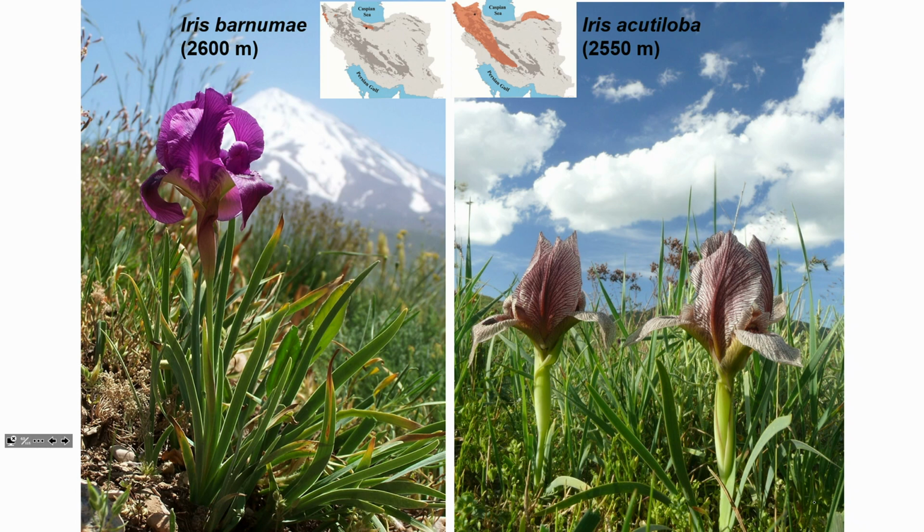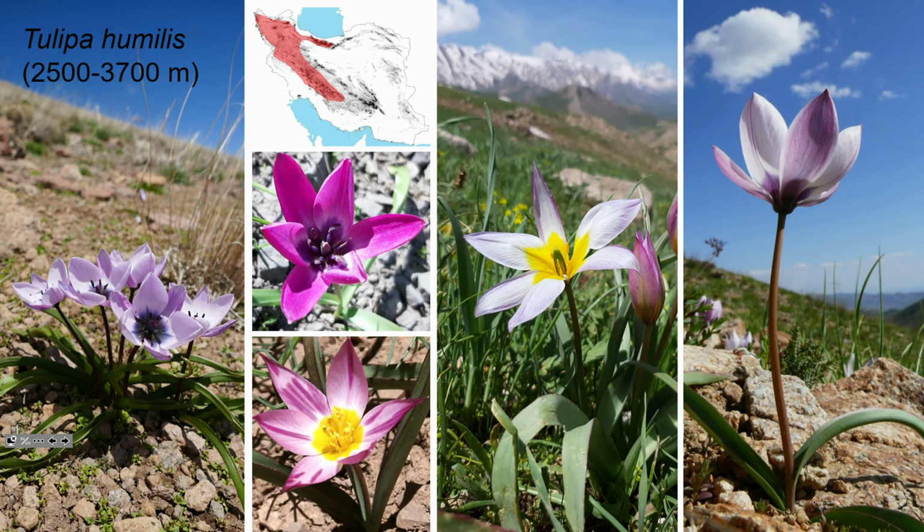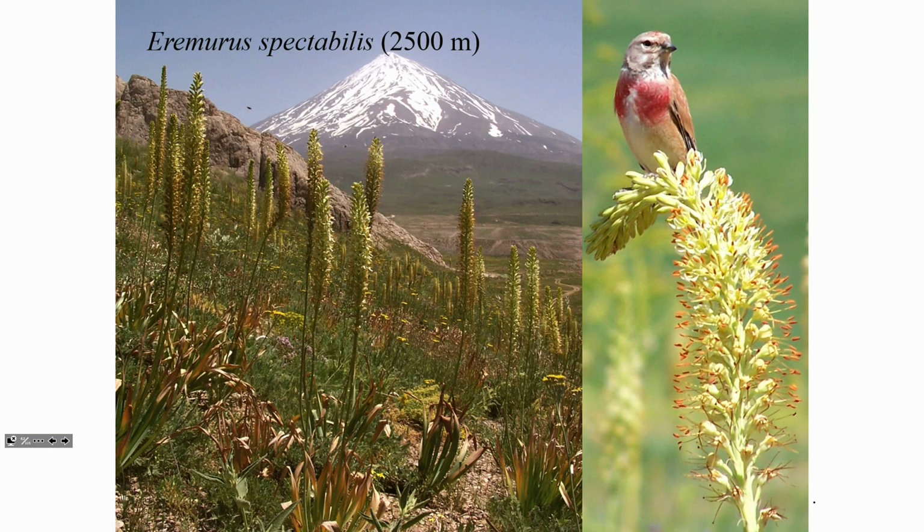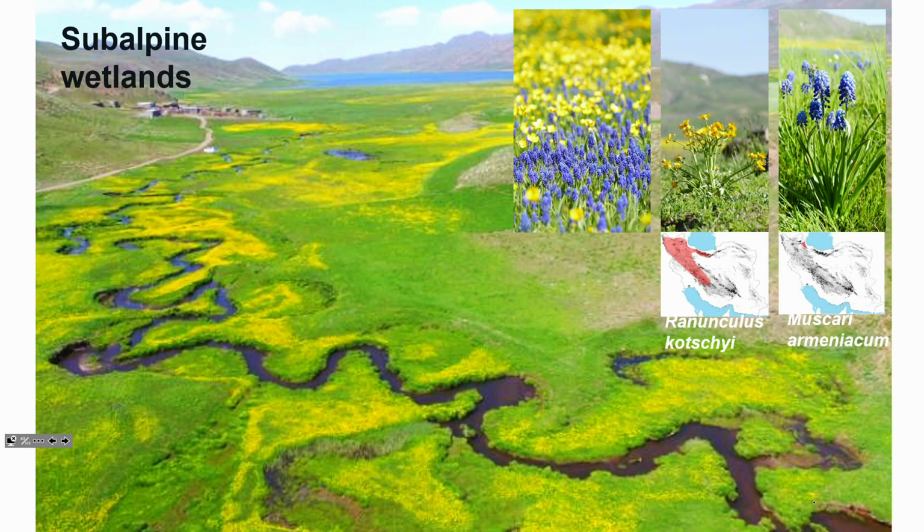This is the highest iris species in Iranian mountains. And this is Tulipa humilis, the highest tulip, reaching to higher elevation, subalpine and alpine areas. Very beautiful and very variable in color, as you can see. Eremurus spectabilis.